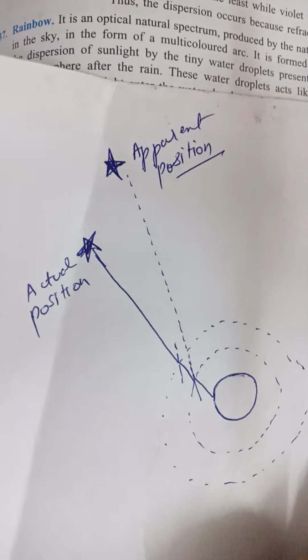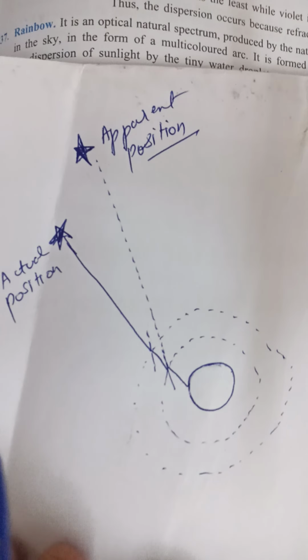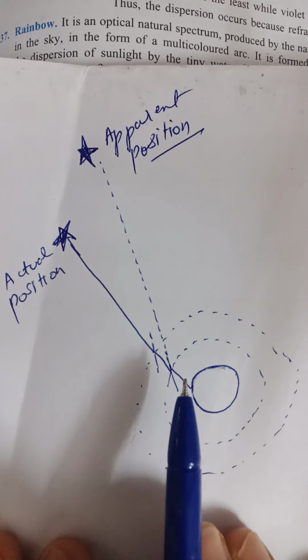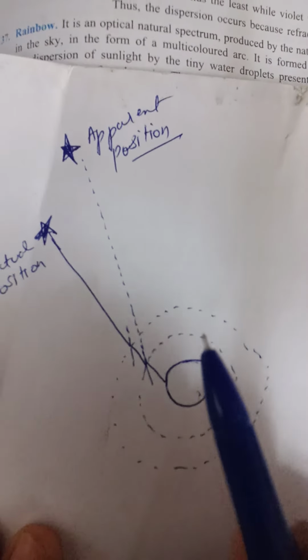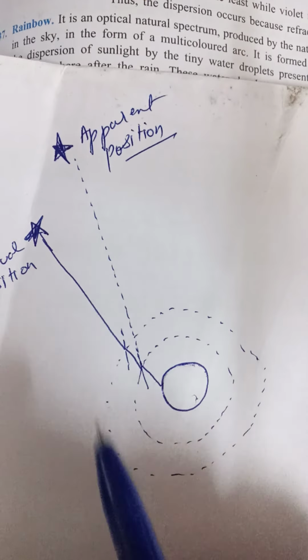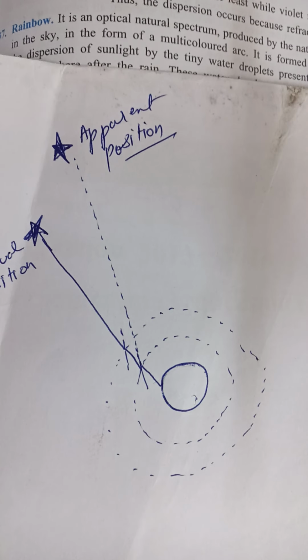Now what happens when light is coming from a star? Suppose this is our earth, and we know that it is surrounded by layers of atmosphere.